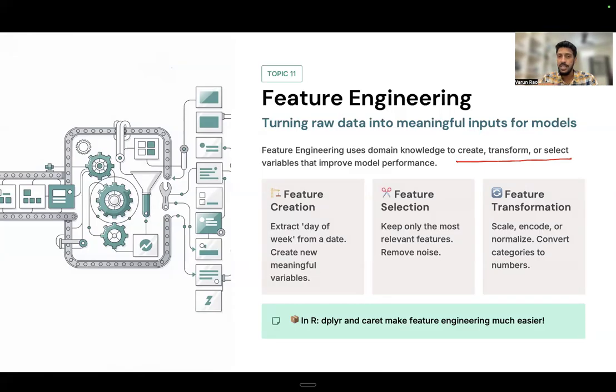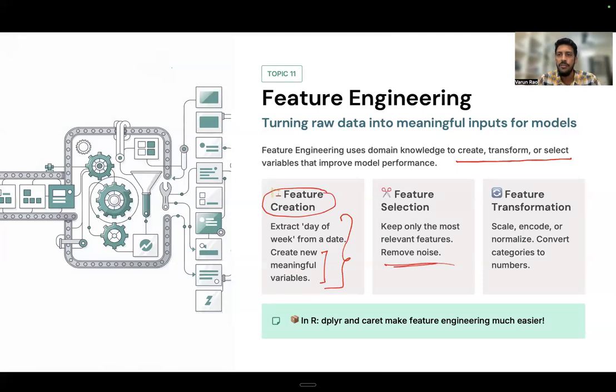Now, within feature engineering, you have feature creation. Like, you have a data given to you, and within the data, you are extracting a certain piece of very useful information. For example, you are extracting the day of a week from a date to create new meaningful insights. Or you would be using feature selection to keep the most relevant features, okay?